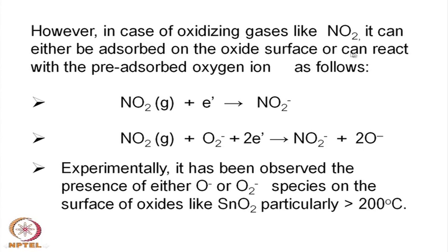In case of oxidizing gases like NO2, it can either be adsorbed on the oxide surface or can react with the pre-adsorbed oxygen ion as follows. So, NO2, for example, in place of CO, can pick up an electron, and instead of oxygen O minus, this species can also get adsorbed on the surface.